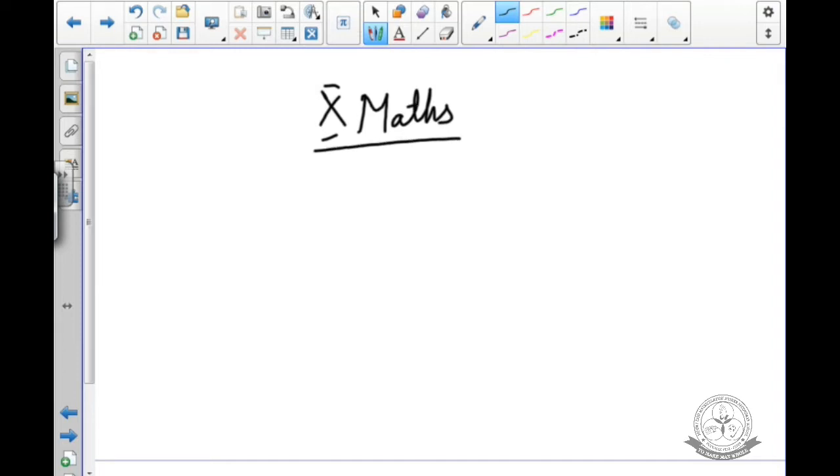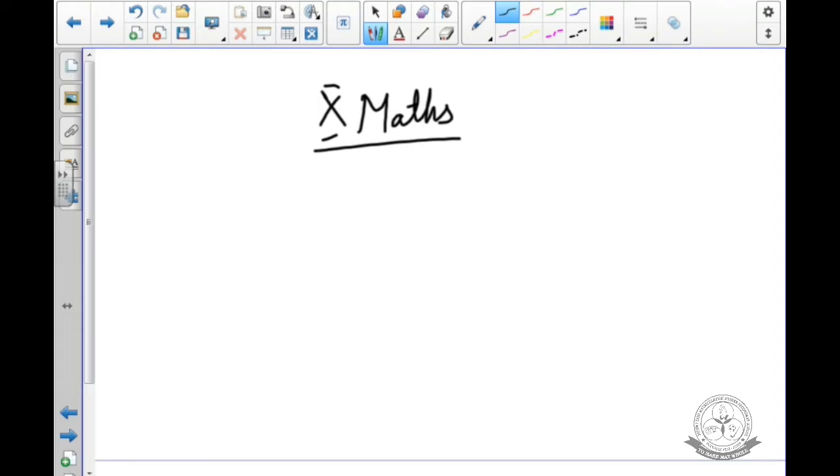Today we are going to see about multiplication of rational expressions. So first, what is the meaning of expression? That is nothing but the combination of constants and variables combined together with the help of four fundamental signs.